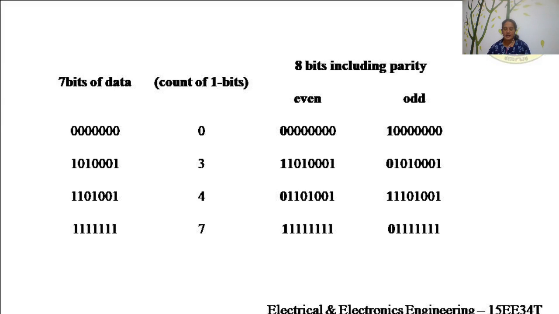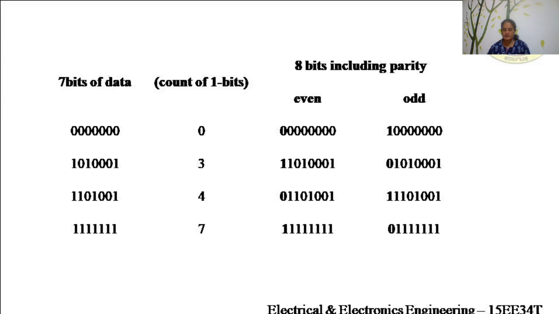For even parity, parity bit will be 0. Hence, the 8-bit data becomes 00000000. For odd parity, since the number of ones in 7-bit data is 0, parity bit becomes 1 and the 8-bit data becomes 10000000.